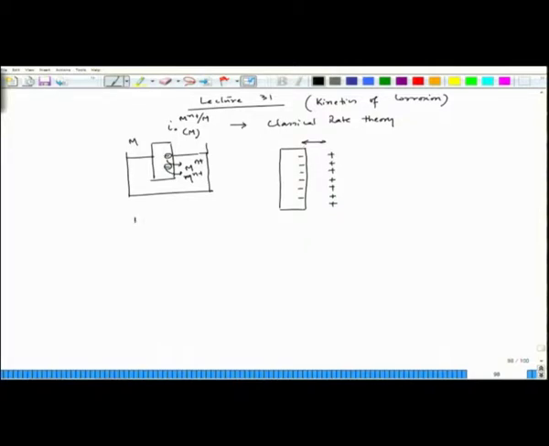Now, when this forms, of course, the reverse reaction also takes place. After some time they reach equilibrium, or reversible.